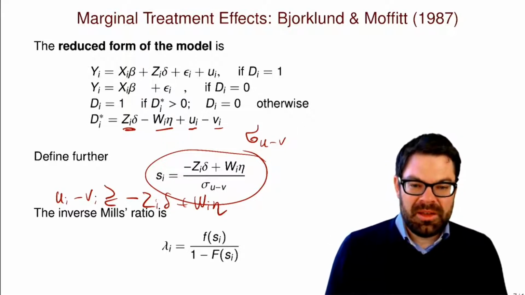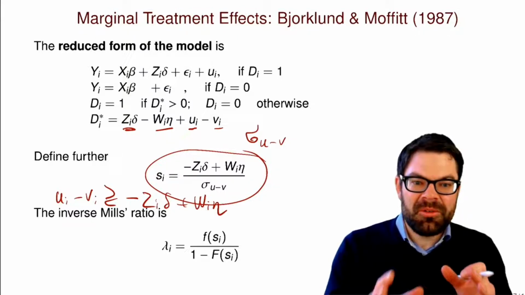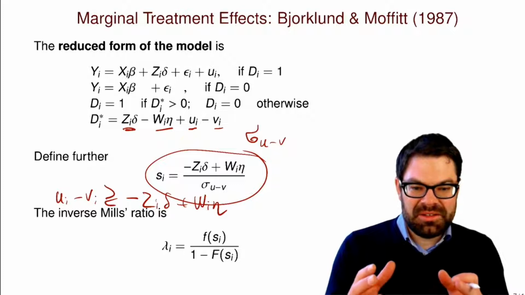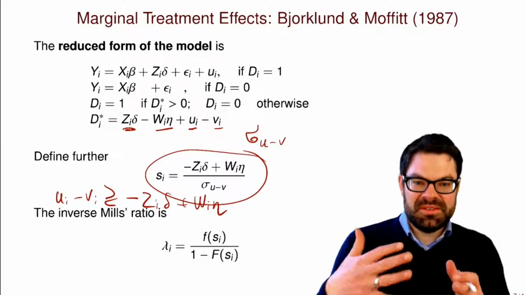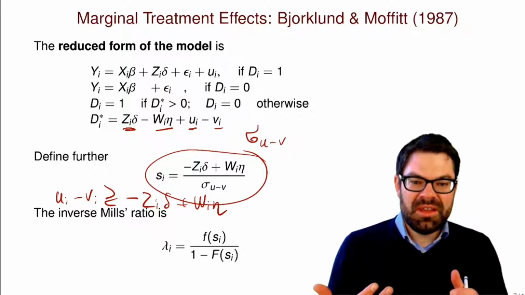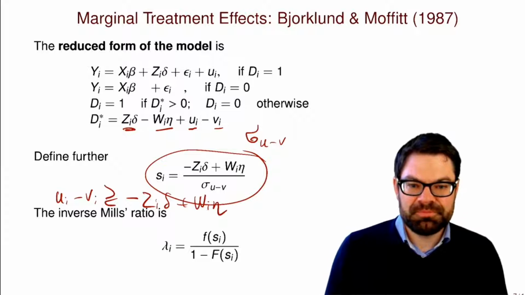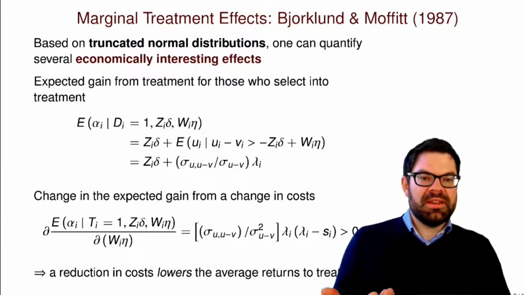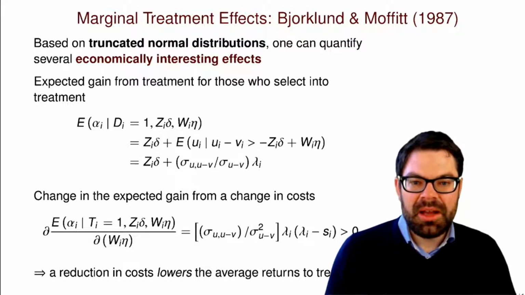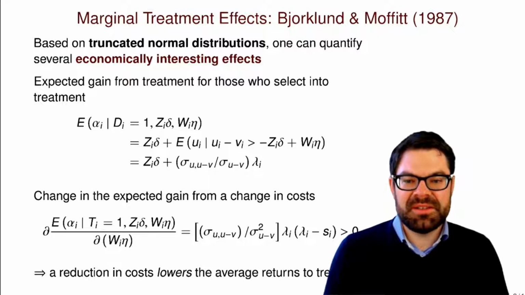Okay? Now, if we assume that this variable is normally distributed, then we can again use truncated normal distributions. What do we use those truncated normal distributions for? Well, we use them for quantifying some economically interesting effects.